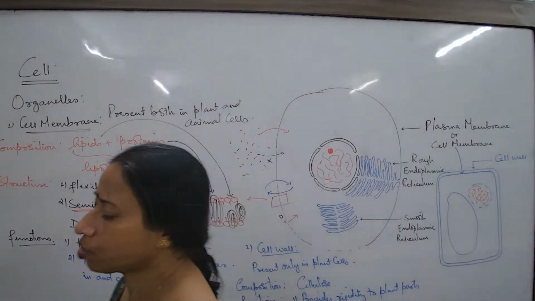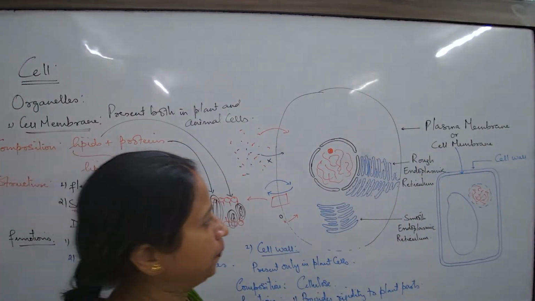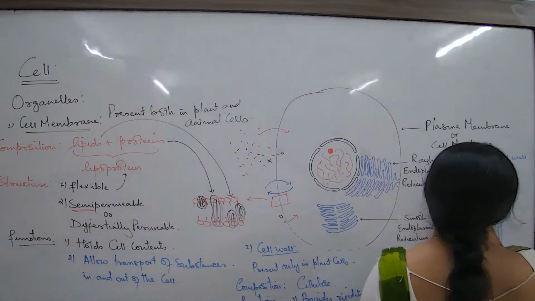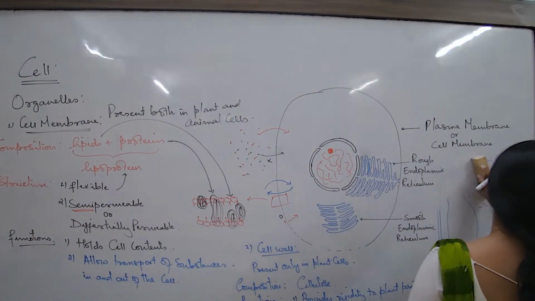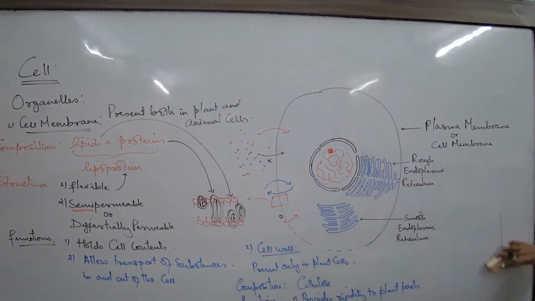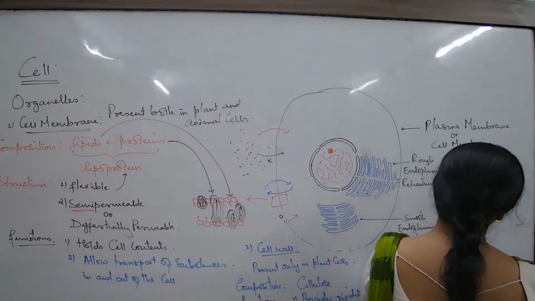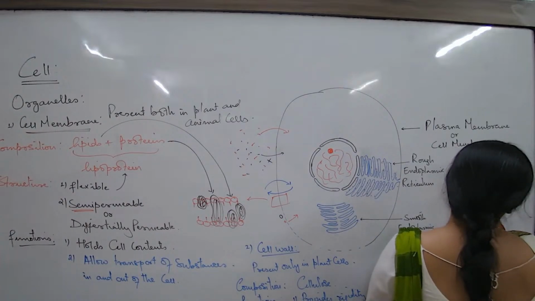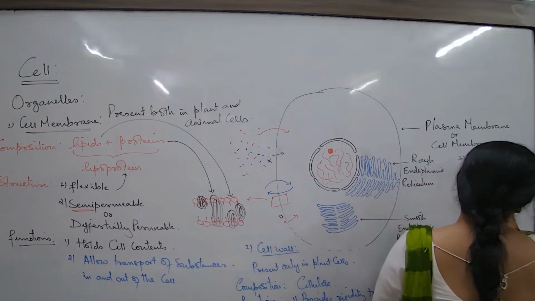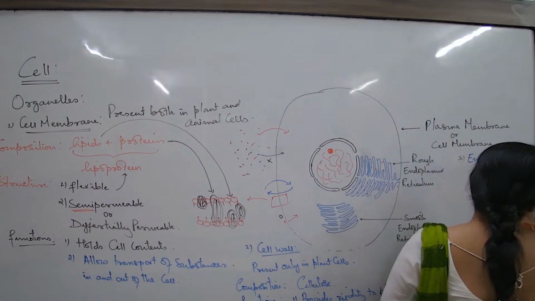Now we talk about the smooth and the rough endoplasmic reticulum. We are talking about the next organelle. The third organelle that we talk about is the endoplasmic reticulum.